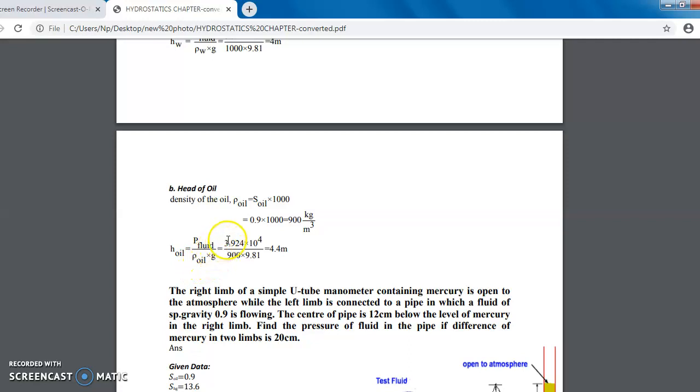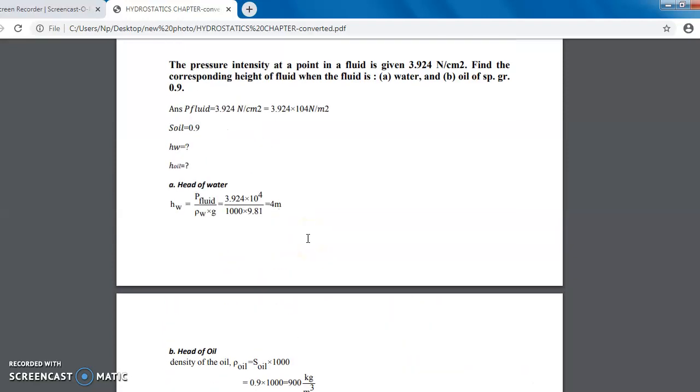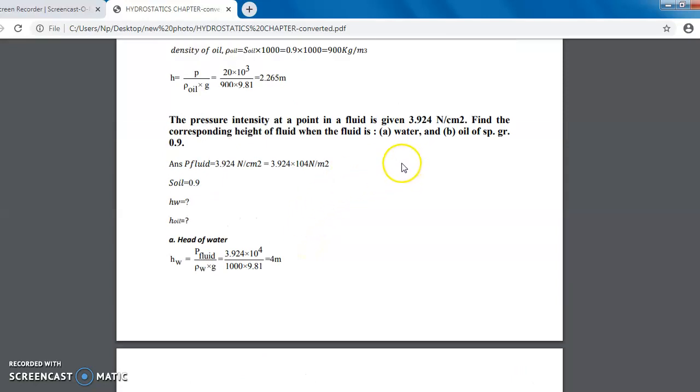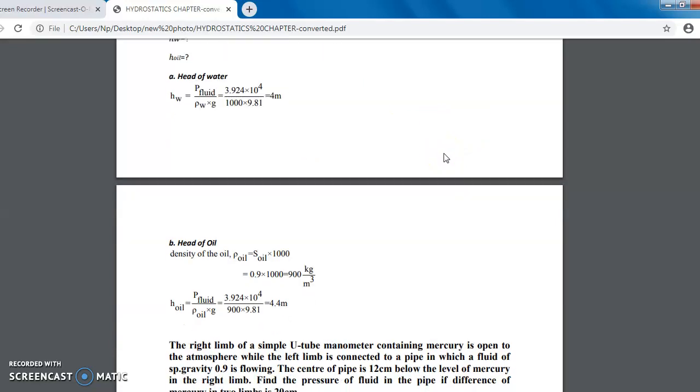The pressure of that fluid is given as 3.924 into 10 to the power 4 by 900 into 9.81. You get 4.4 meter. So hence the head of the water is 4 meter and the head of the oil is 4.4 meter.